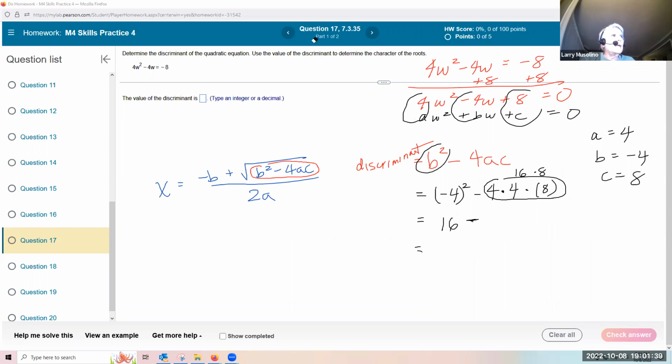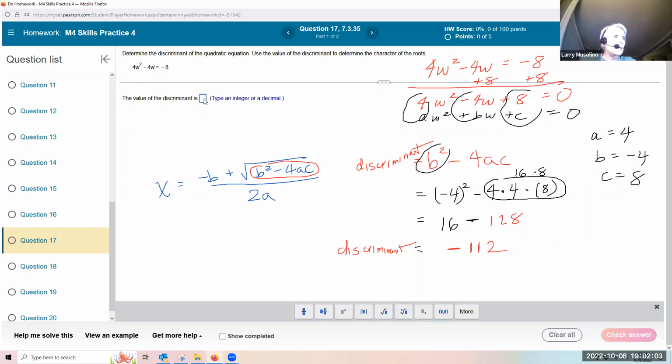Yeah, it's 128. Oops, I had it right originally. So let me fix that. And then 16 minus 128 is negative 112. So this is the value of what's called the discriminant. Let's type it in so that we can see part B of the question, negative 112.